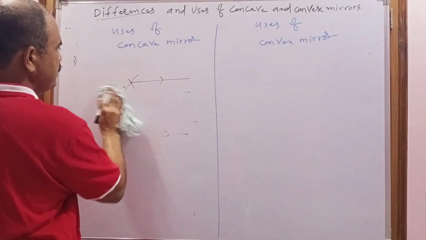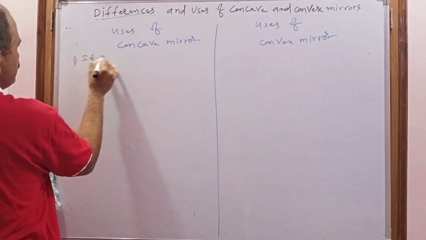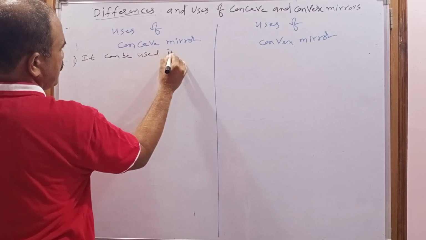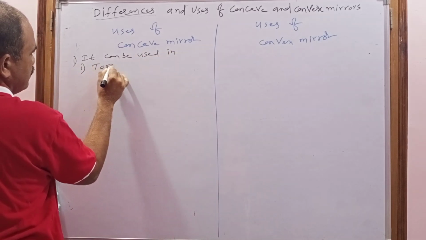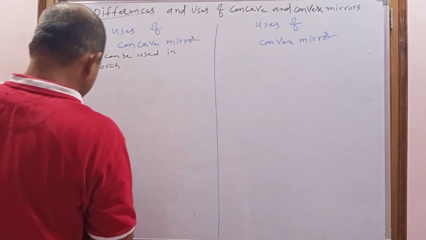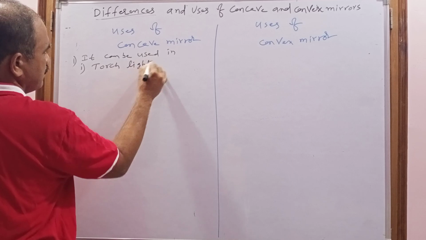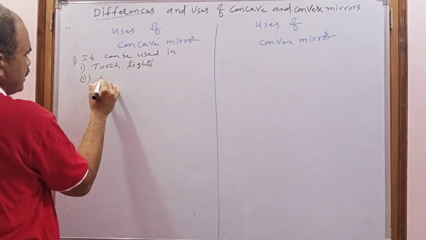So what is the first use? It can be used in torch lights. And the second one is searchlights.